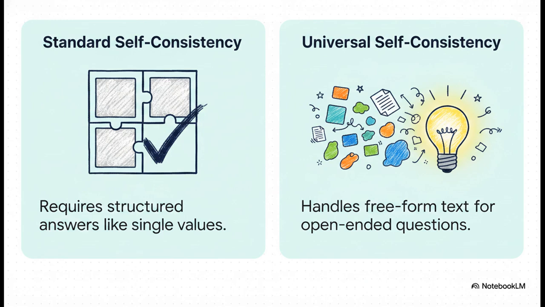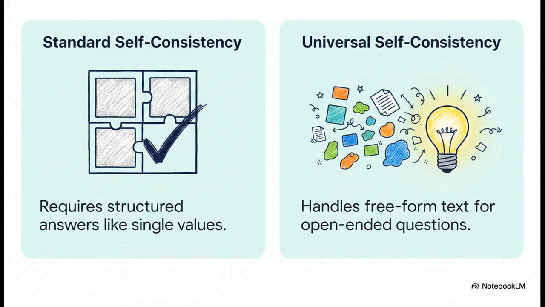Okay, let's dive into this and look at how we've traditionally tried to solve this problem versus the new approach. You might already be familiar with standard self-consistency. This is where you basically ask the AI the exact same question multiple times, and then you just tally up the exact matching answers. If 3 out of 5 times the AI says the answer is 7, you assume 7 is correct. Makes sense, right?